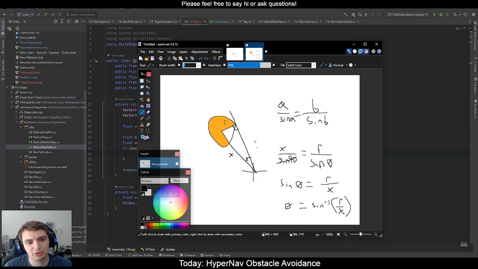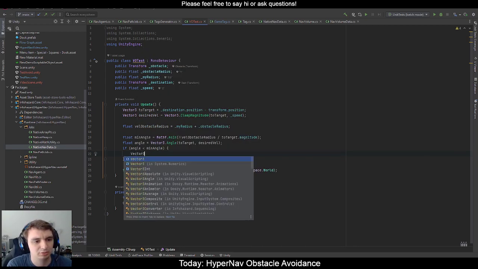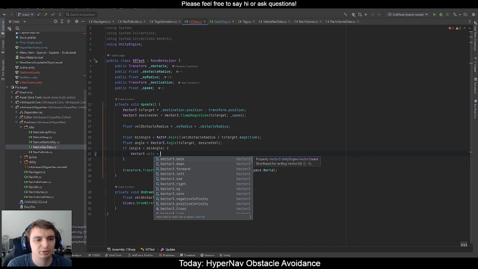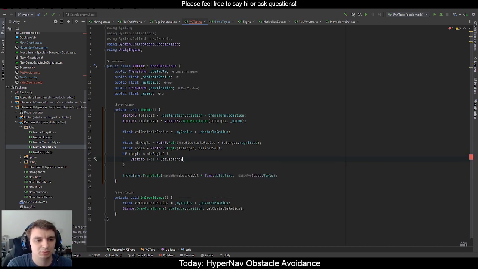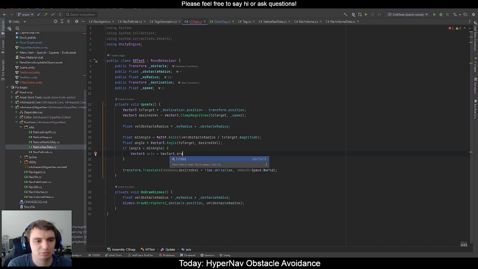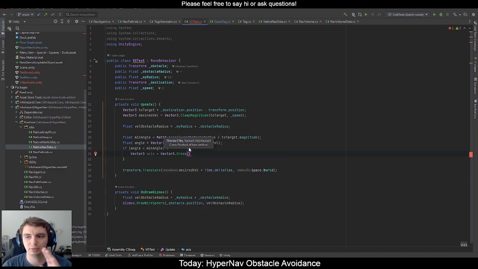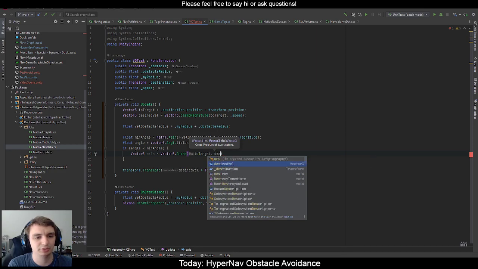I guess we could just take the angle difference and rotate it around the axis defined by these two vectors by that distance. So Vector3 axis equals a cross product between, I've got to make sure this is the right one, so we're doing the right-hand rule, or left-hand rule, because Unity's left-handed, between, let's do from toTarget to desiredVel.